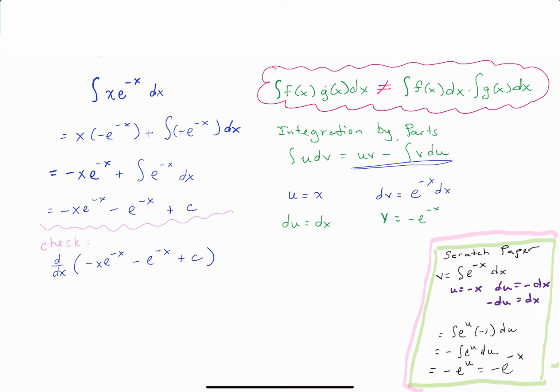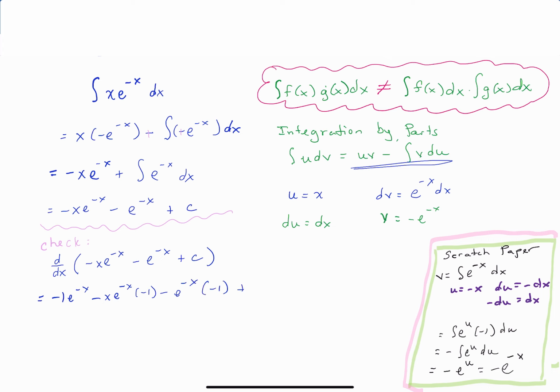If I were to differentiate that, would I get back to where I started? Well, let's see. Using the product rule on minus x e to the minus x, I'll have minus 1 e to the minus x, and then minus x times e to the minus x times negative 1, using the chain rule there. And then I have minus e to the minus x times negative 1 using the chain rule.